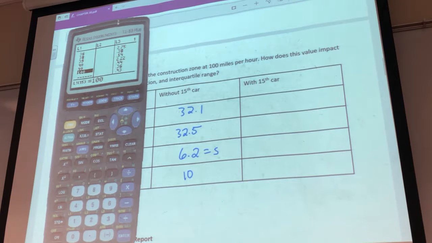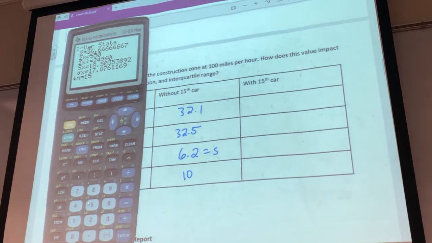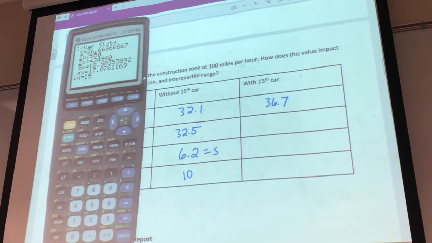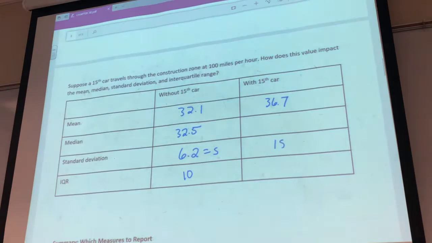Then I can go through again and run my 1-bar stats and get my values. All right. So now that I've thrown in that 15th car, my average becomes 36.7. And my standard deviation is still going to be S because it's still a sample, and that's 18.5.